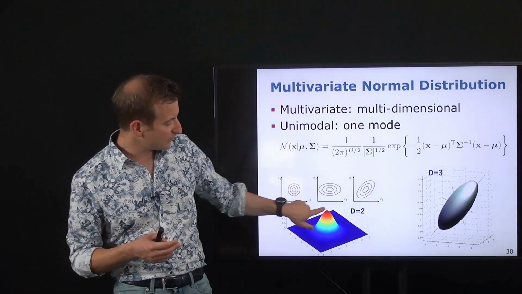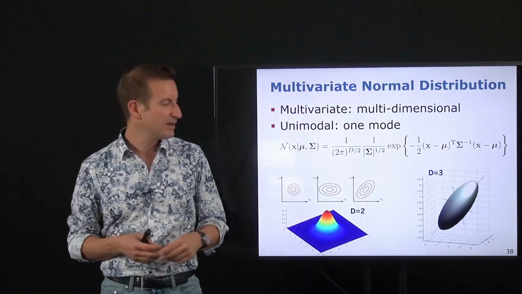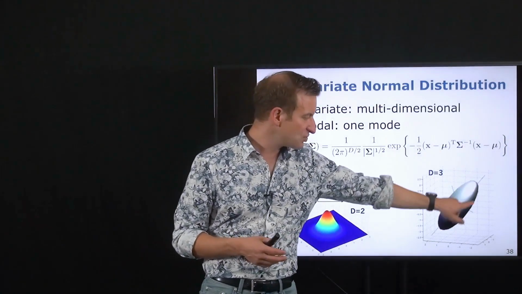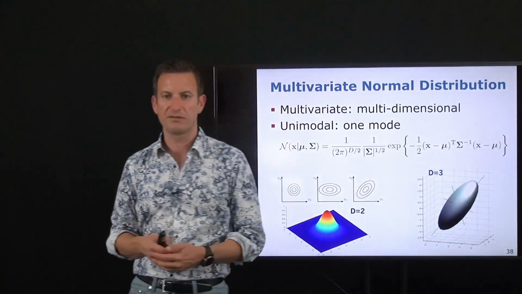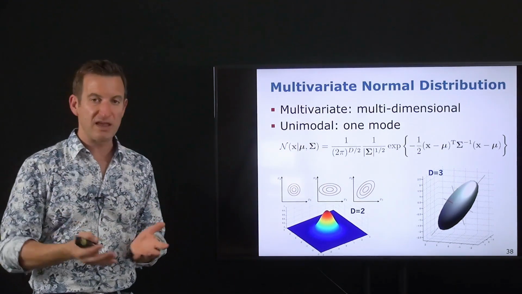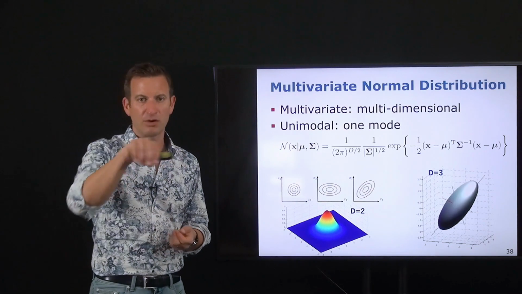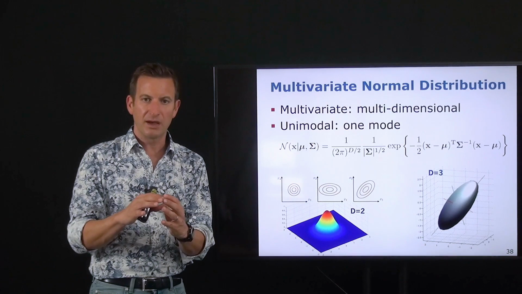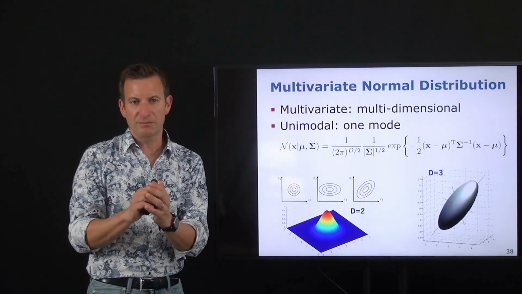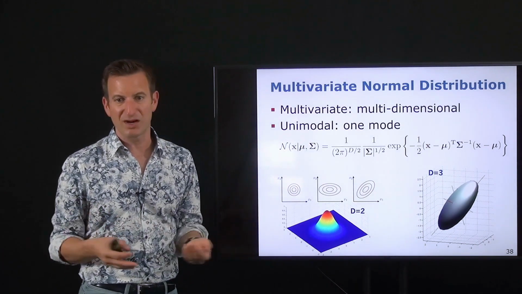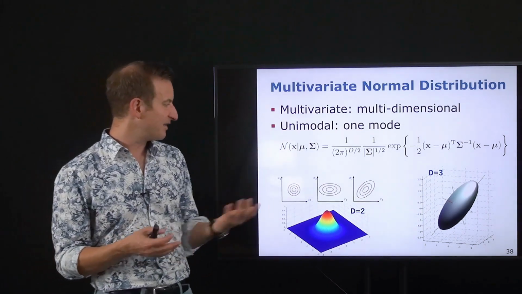This is an illustration of a 2-dimensional Gaussian distribution, and in 3D it gets harder to visualize, so we typically visualize isosurfaces of the uncertainty. This is a surface which takes the same probability value at every point on that surface. The further you go to the inside of this ellipse or ellipsoid, the higher the probability, and the further you go to the outside, the smaller the probability. But that's very hard to visualize in this 2D world.